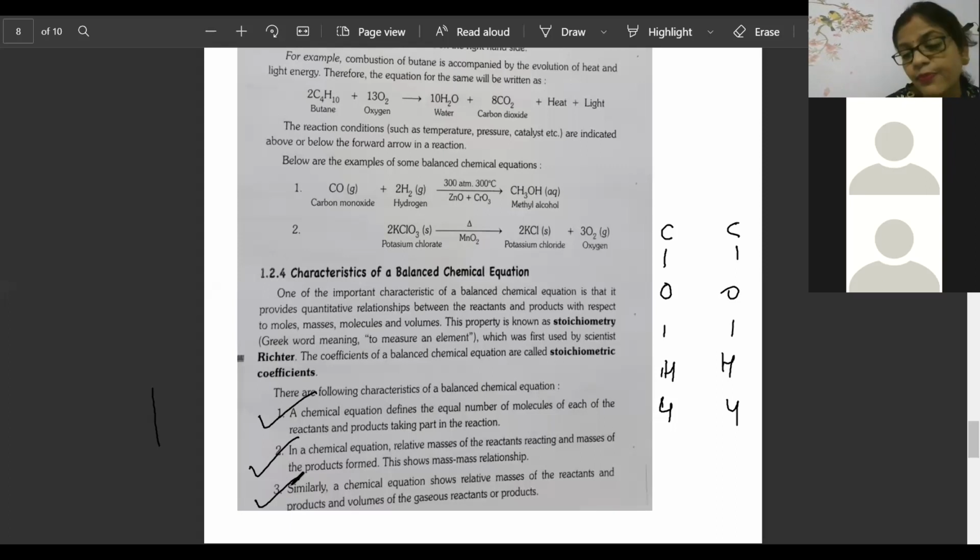Beta, this is a very important point. You must remember. This is not only about your 10th exam, this is also about your future. It is also about strengthening your concept. So balancing a chemical equation is not only about atoms. It also explains many relationships. Quantitative means where you can know the quantity of reactant and product, and where quantity comes, there we are discussing mole, mass, molecule and volume.